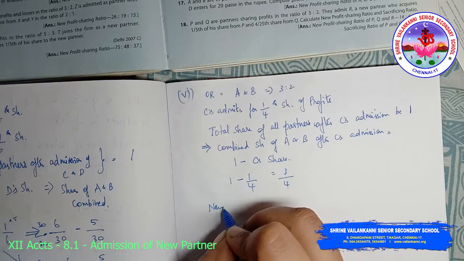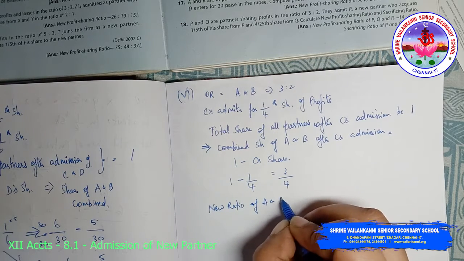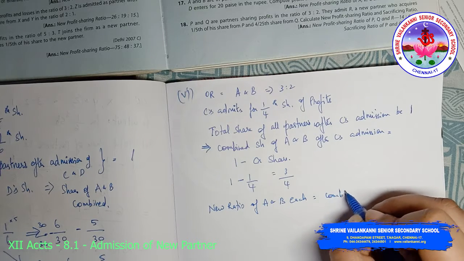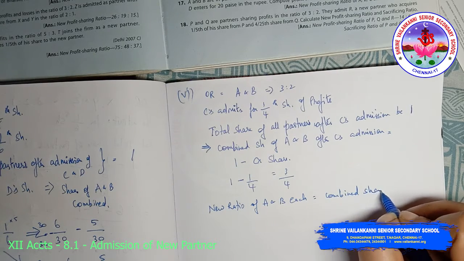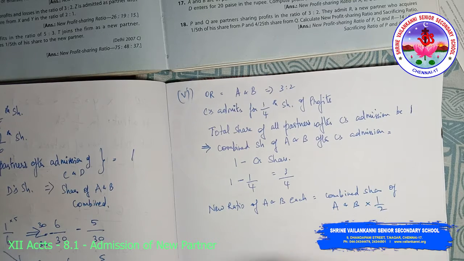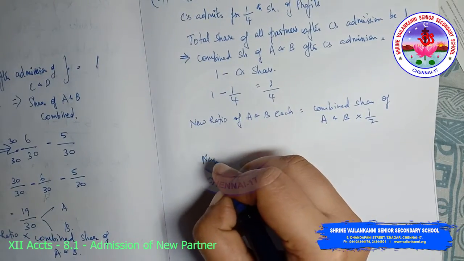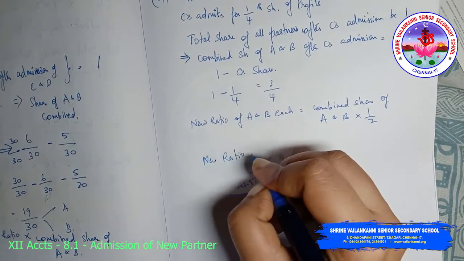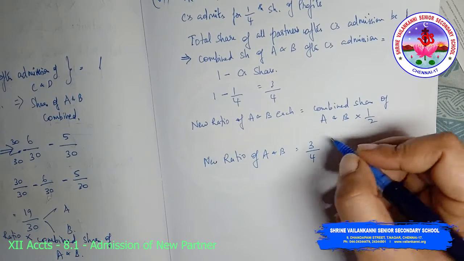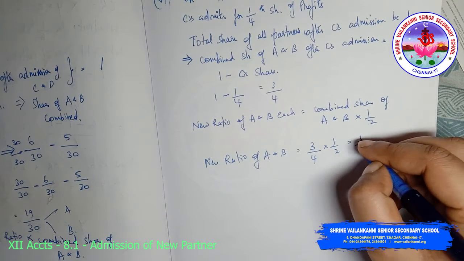So the new share of A and B each is the combined share of A and B into 1/2. Okay, so the new share of A happens to be 3/4 into 1/2, which is equal to 3/8.